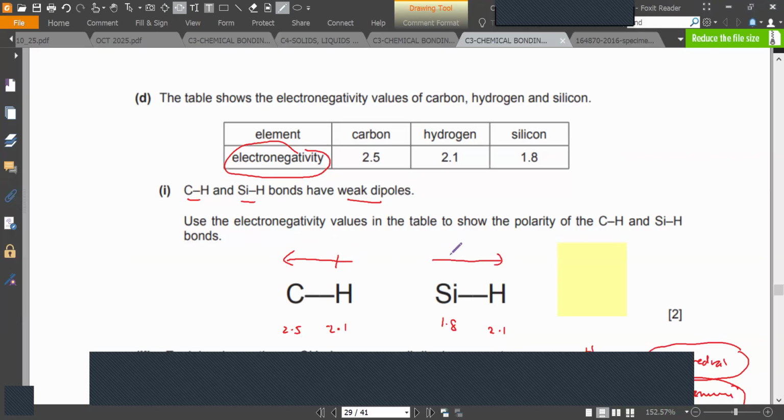To show the polarity, we need to show the partial charge. Here the partial negative charge will be on the carbon because it is more electronegative, and partial positive on hydrogen. Then here, hydrogen is more electronegative than silicon, so delta negative will be on hydrogen and delta positive on silicon. So this is what we need to answer.